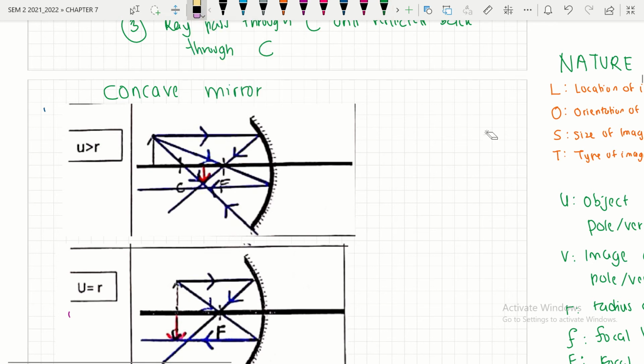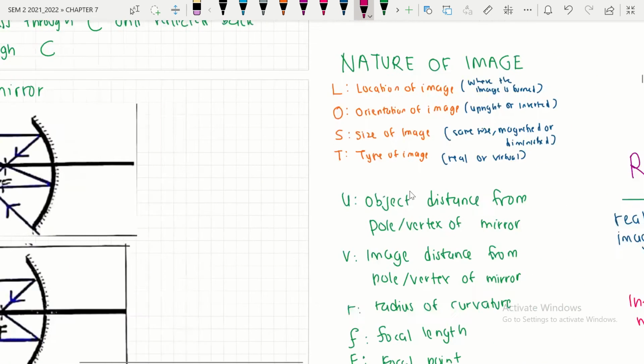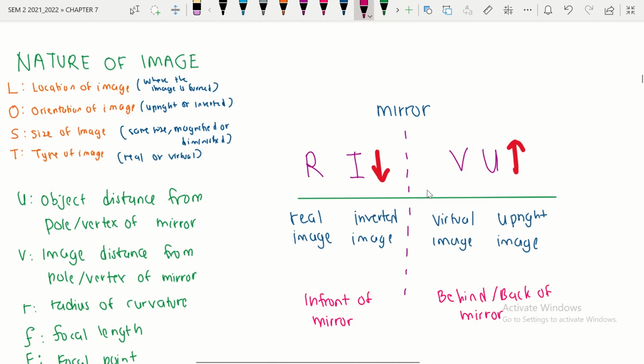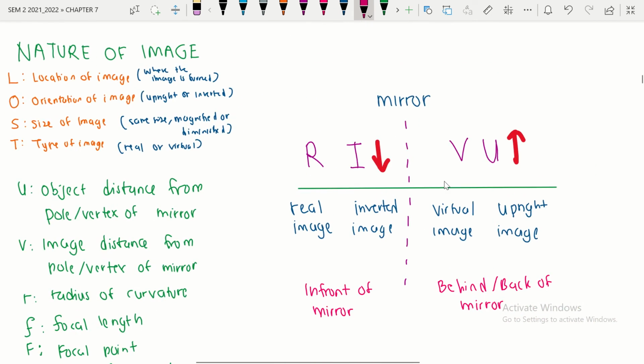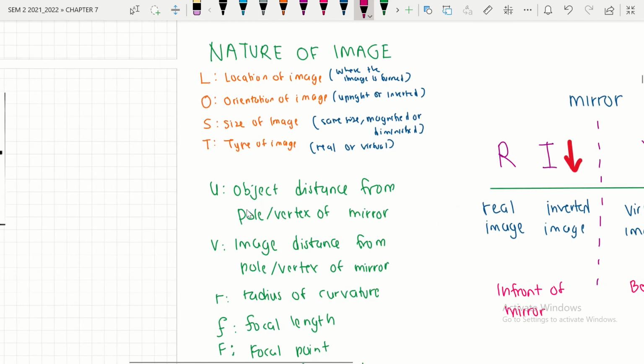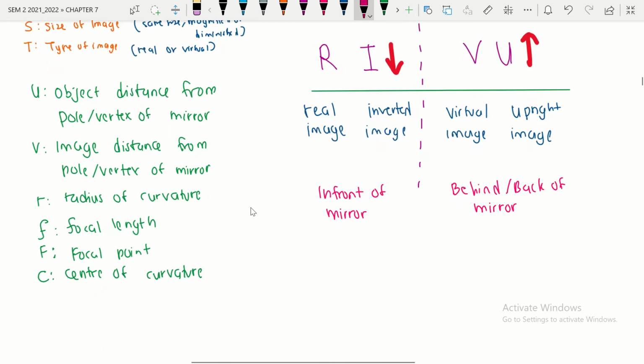Okay, before that, we are going to see how we are going to determine the characteristic of the image after we already draw the ray diagram and get the image. Okay, so before that, there are a few things that I would like to emphasize on.